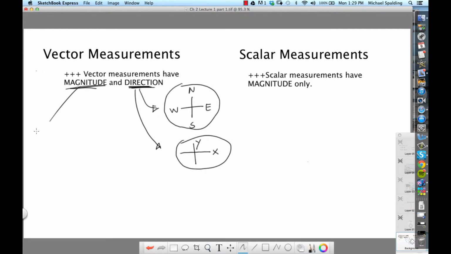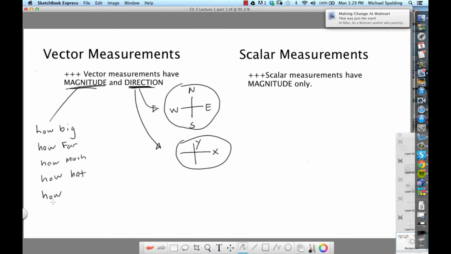All magnitude is, is how big, how far, how much, how hot, how fast, how awesome. If you're ranking something from 0 to 10 and you're like, oh man, that movie was a 9 out of 10, that's a magnitude. Basically it's the size of something.